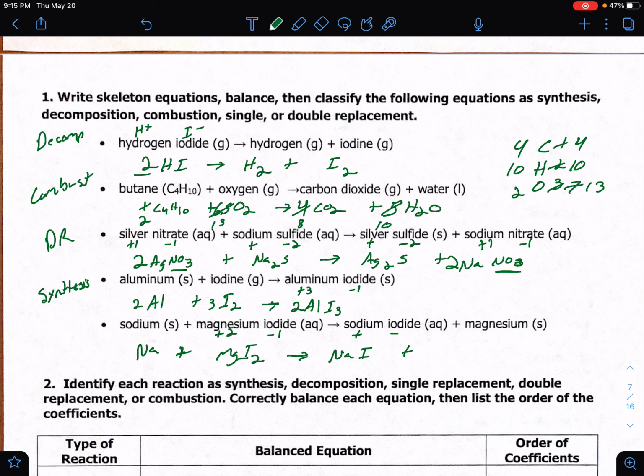Plus magnesium, and magnesium is not a part of my Brinkel-Haff, so it's fine being by itself. So this would actually be a single replacement. So I have 1 Na on the left, 1 Na on the right, 1 Mg, 1 Mg, 2 I's, 1 I. So I need to put a 2 in front of this NaI. So now I need to fix my sodiums though. I need to put a 2 in front of this Na to fix that.